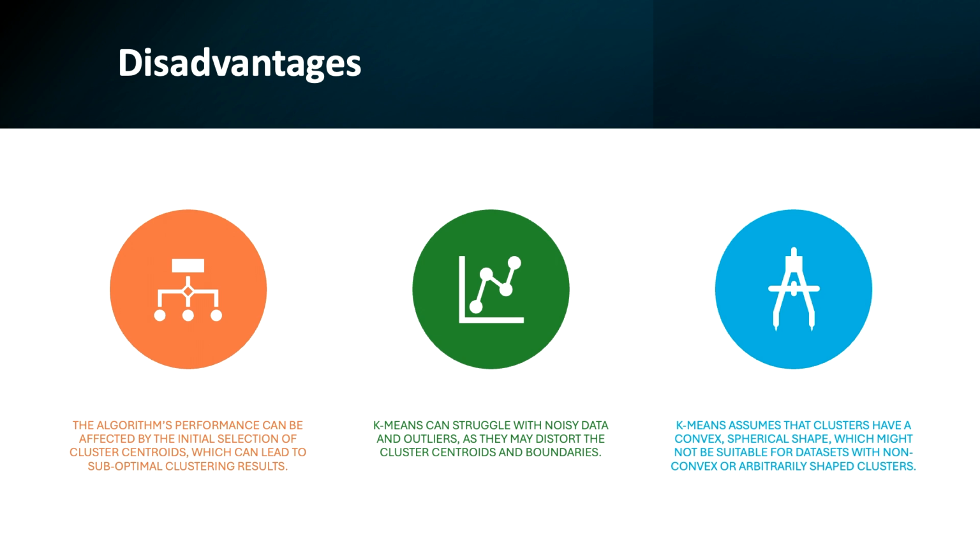It can be used in different fields, but any algorithm has its own disadvantages. What are they here? The performance of this algorithm can vary depending on which initial data points you choose.